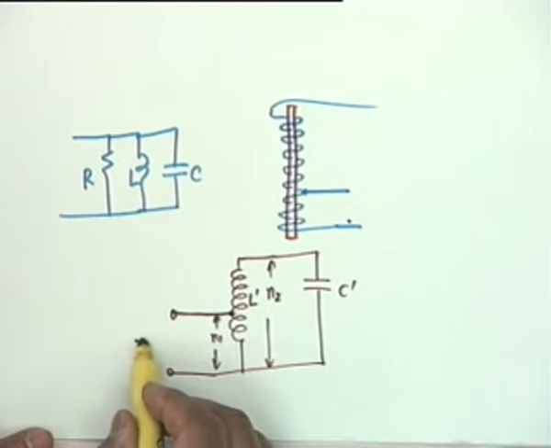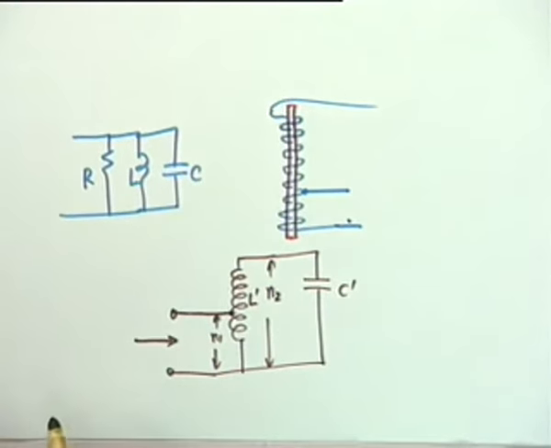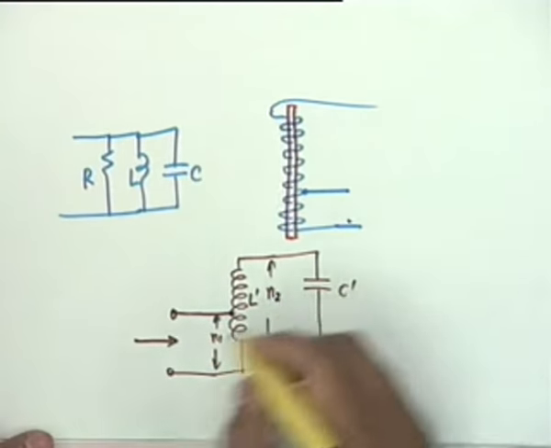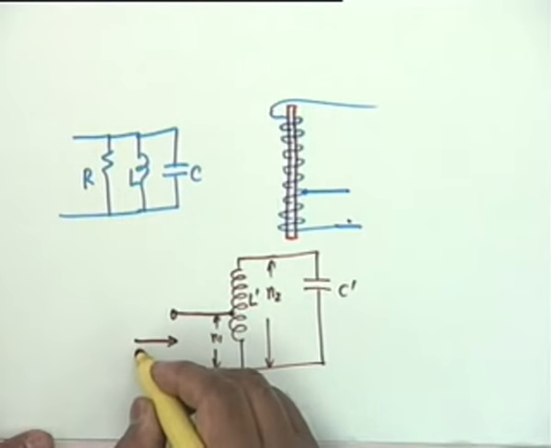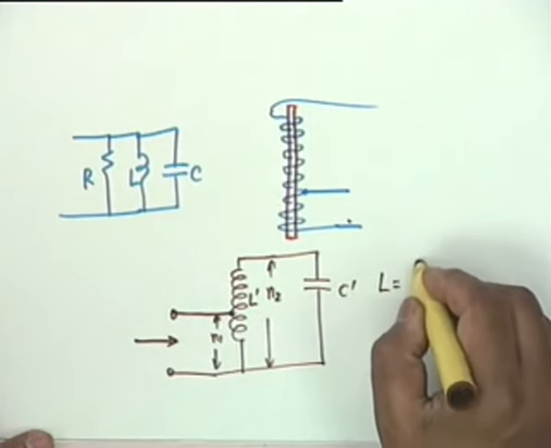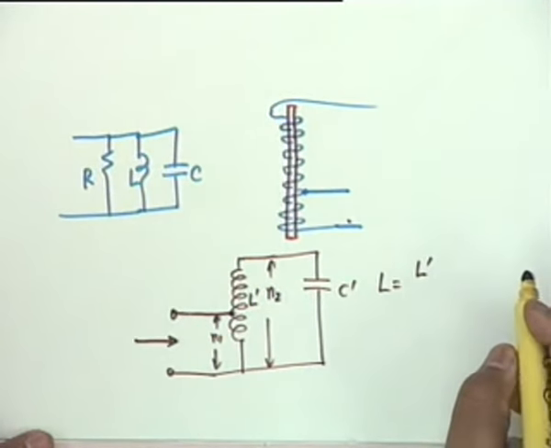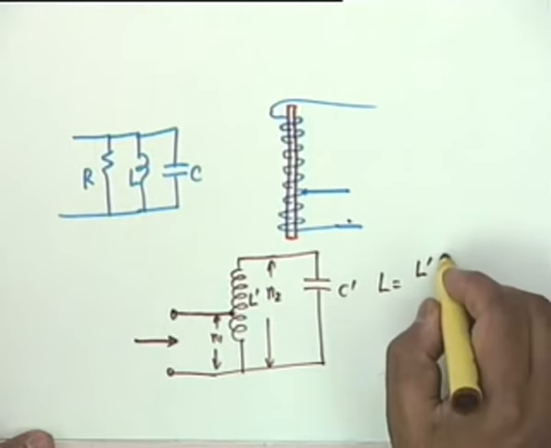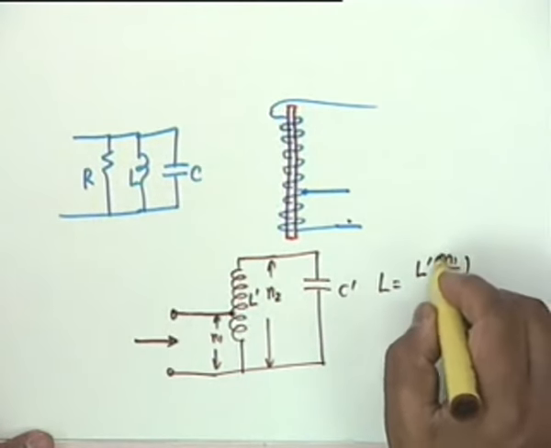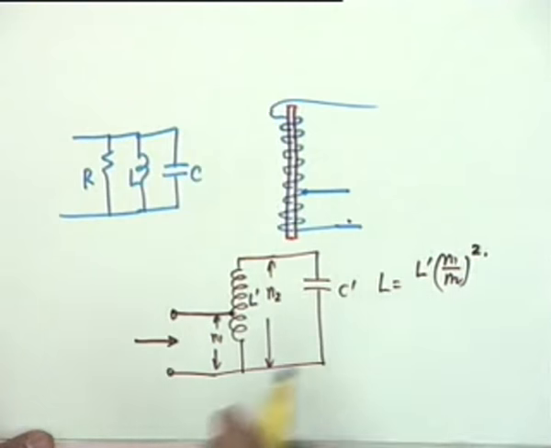Then at these terminals the inductance that you will see would be L equal to L prime multiplied by N1 by N2 squared.